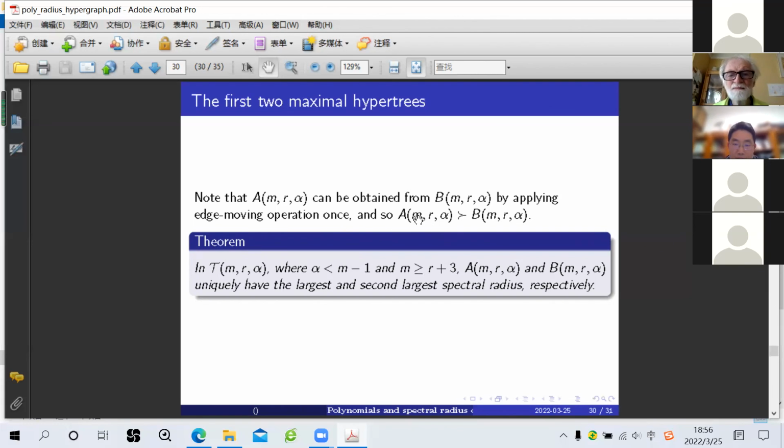So this hypertree A is greater than hypertree B. Thus, we can obtain our main result in this set. These two hypertrees A and B uniquely have the largest and the second largest spectral radius. This is our main result in this talk.